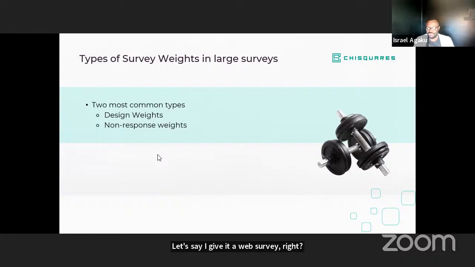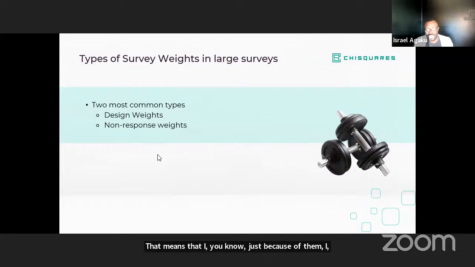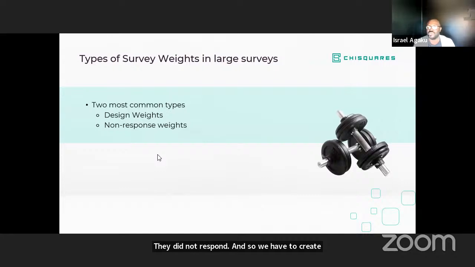If I look at the characteristics of my sample, I will see that most of them are young. The older people, for whatever reason, maybe they were not available or didn't have access, did not respond. And so we have to create a non-response weight. Those are the two types of weight: either the problem came from me, which is design weight, or the problem came from the participant, which is non-response weight.